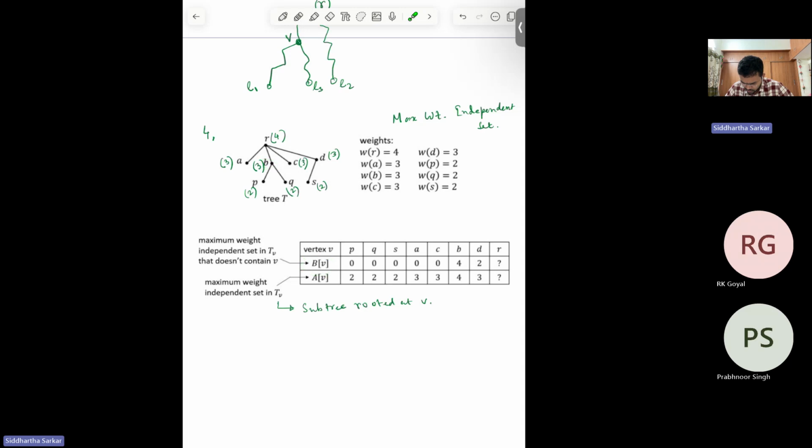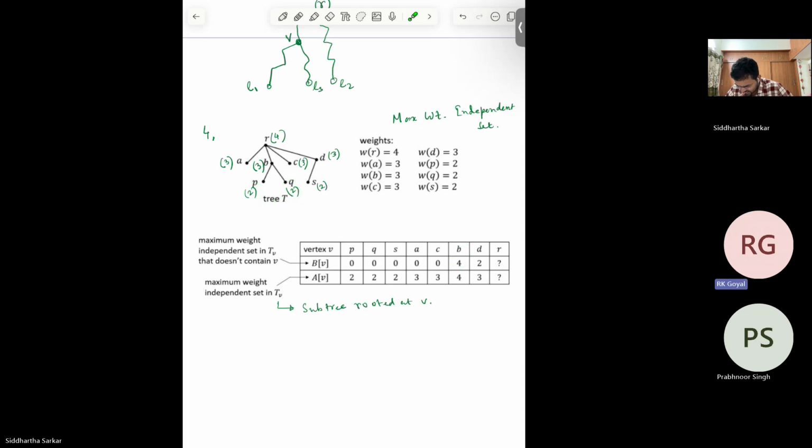Because you're not allowed to take B, you will take its two children because they are independent. There is no edge between P and Q. It's a tree, and P has weight 2 and Q has weight 2. The sum of the weights, 2 plus 2, is 4. That is why this entry corresponding to B is 4.